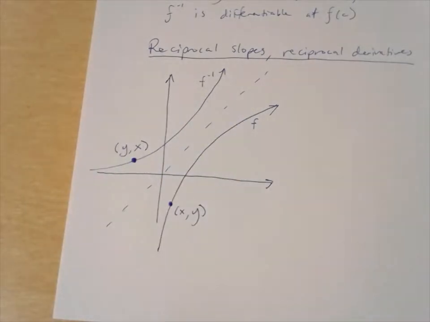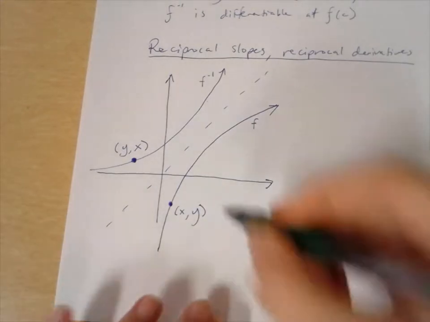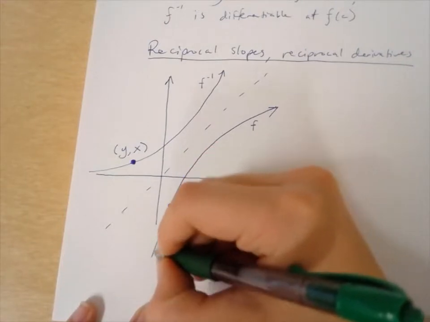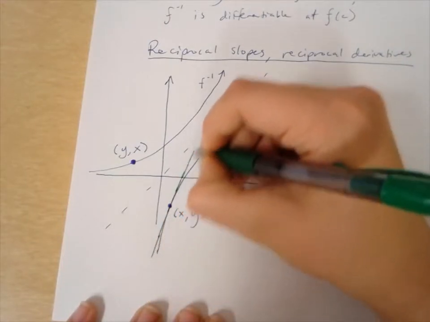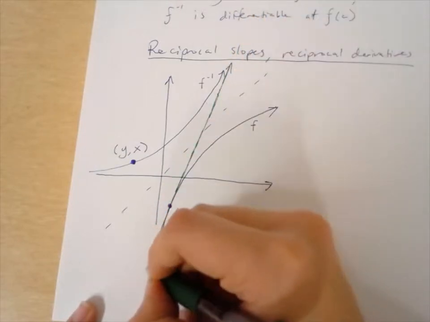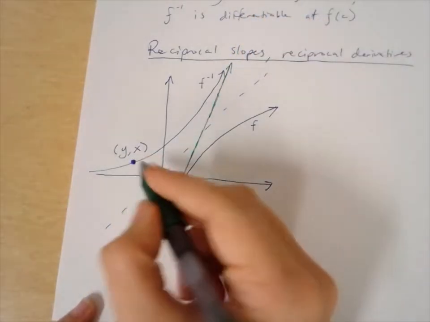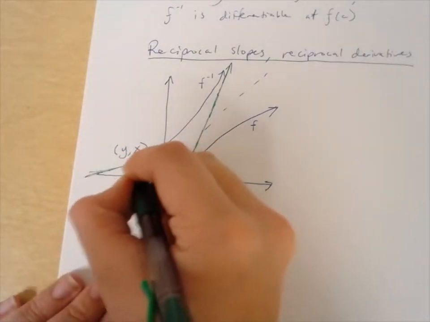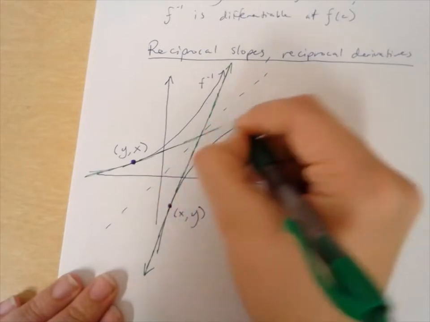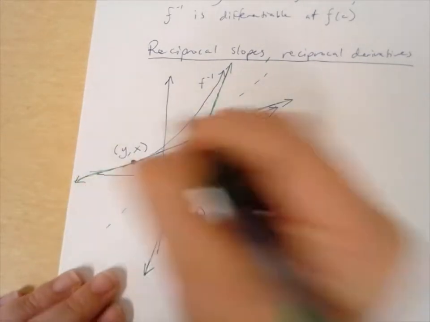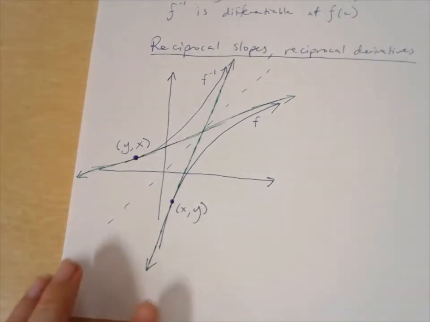Okay. And furthermore, what we can talk about next is the concept of tangent lines. So here's the tangent line through the point x, y on our function f. And then here's the tangent line through the corresponding point on our inverse. For example, we can give this a number.